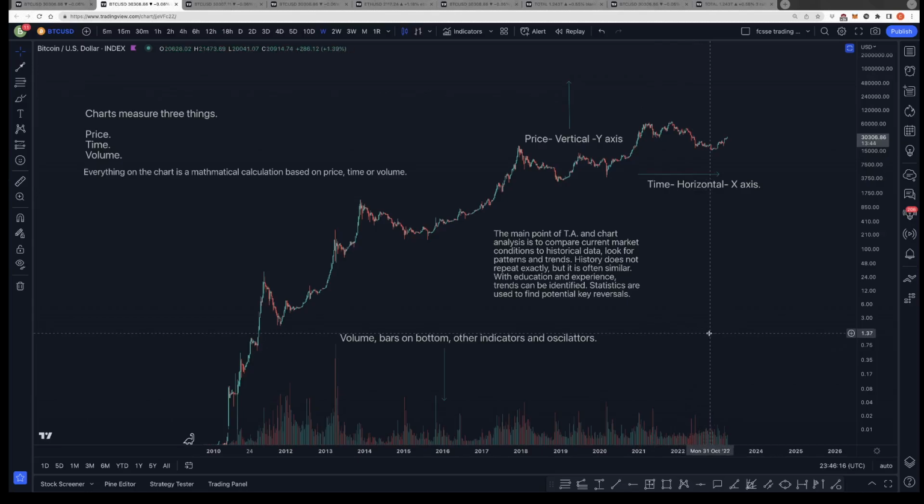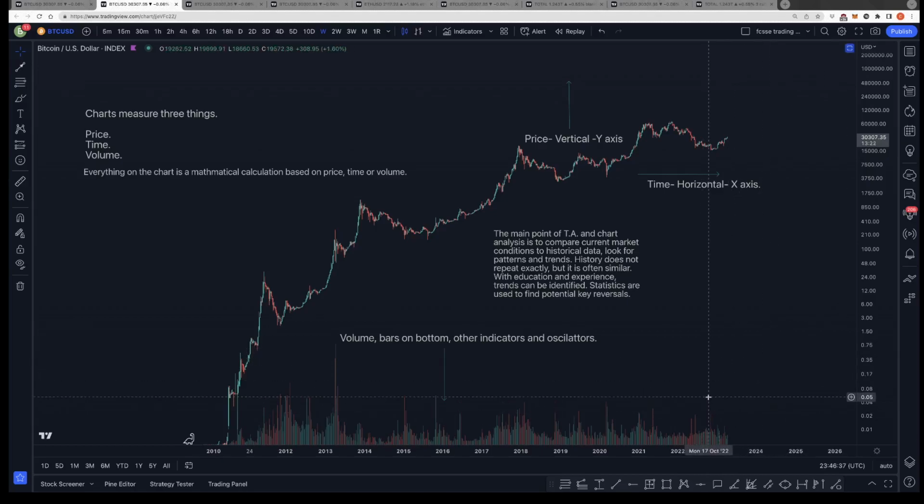Right there, you've got a little clue. I'm going to look for the volume spikes, and when I see them reaching these abnormal levels, that is a warning sign that something might be happening. There might be a potential reversal. So that's just a small example of how to use statistics.